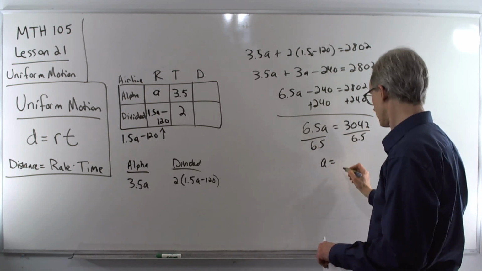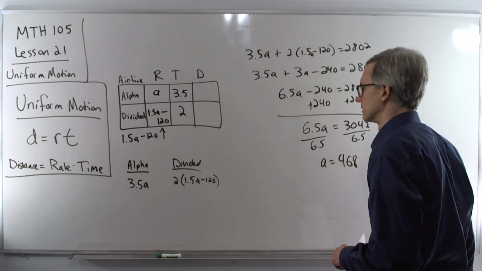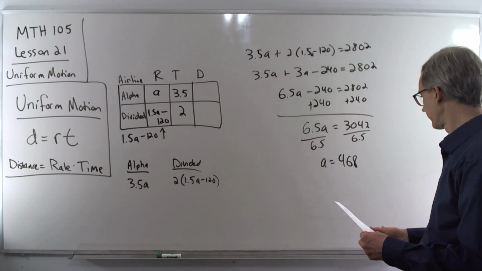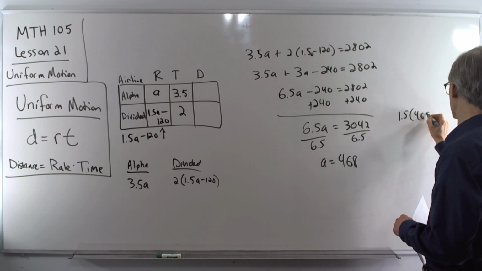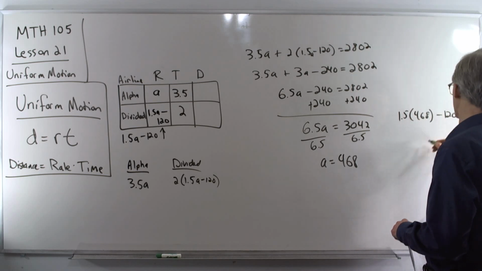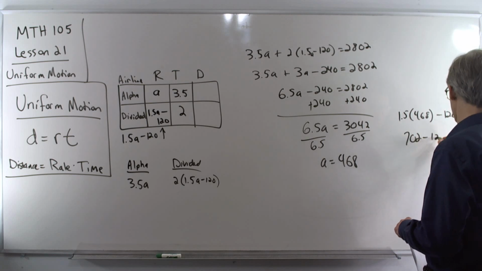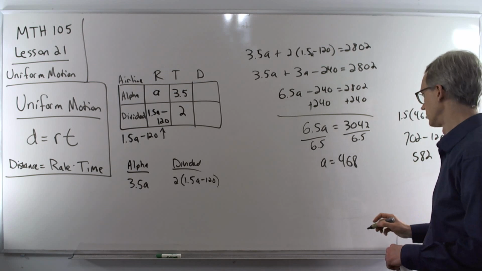Divide both sides by 6.5 and we get A is 468. And then if we take 1.5 times 468 minus 120, that gets us 702 minus 120, which is 582.